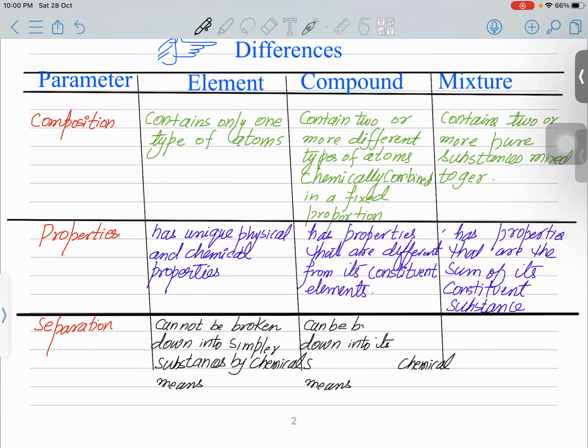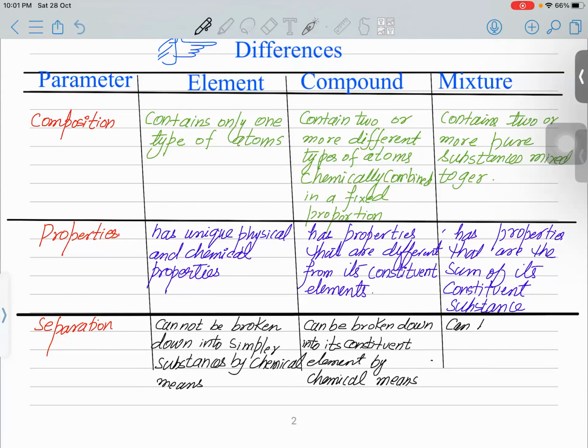Here, a mixture can be separated by physical means.